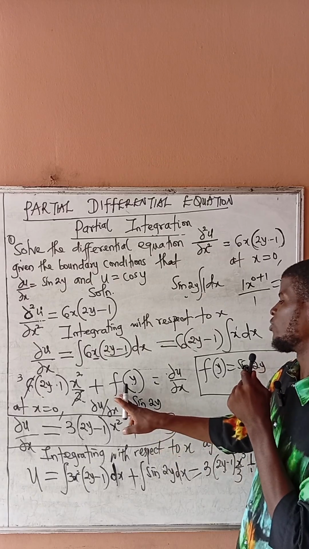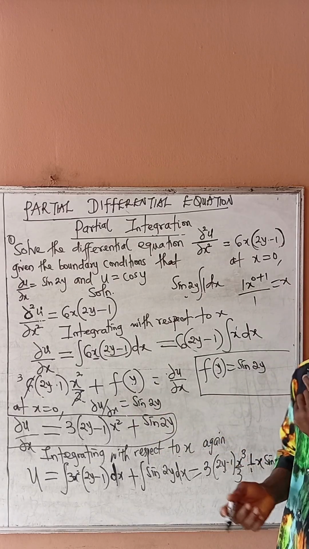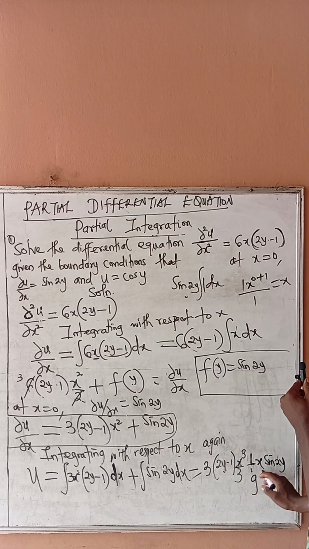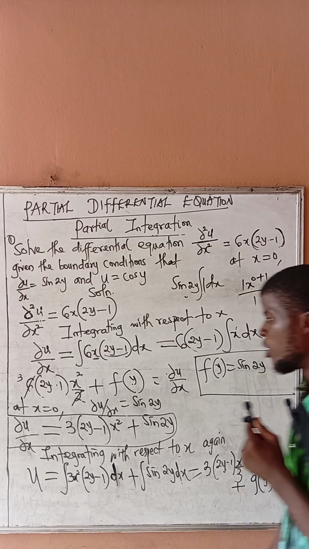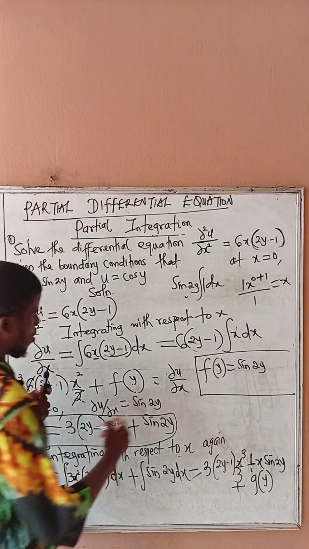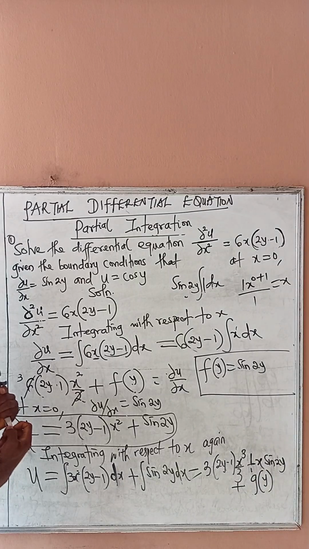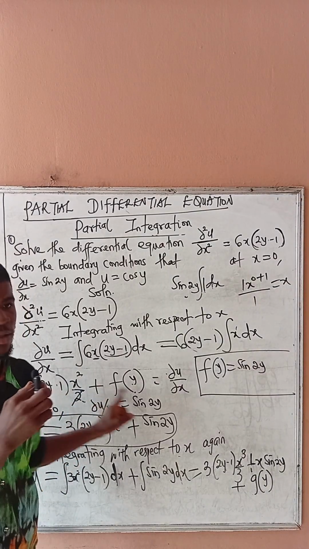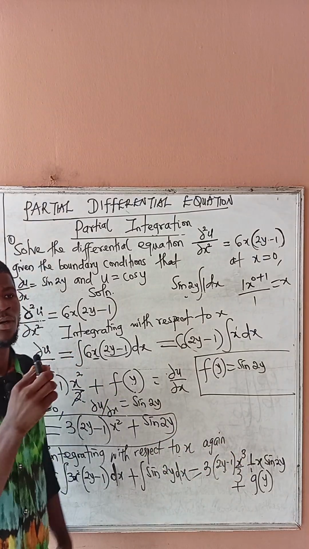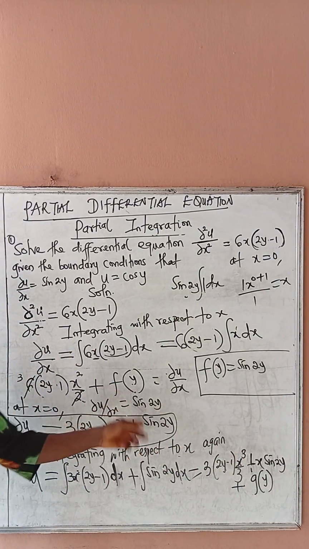Now it is not going to be f of y. I can choose g of y. I'll say plus g of y. If you add f of y, you are going to be wrong. Yes, you use another function, not f in this case. It could be g, h, or whatever, but they should not be the same.